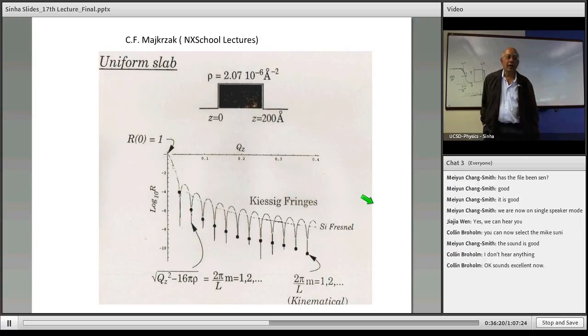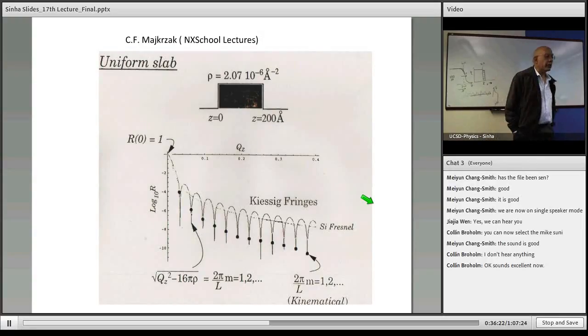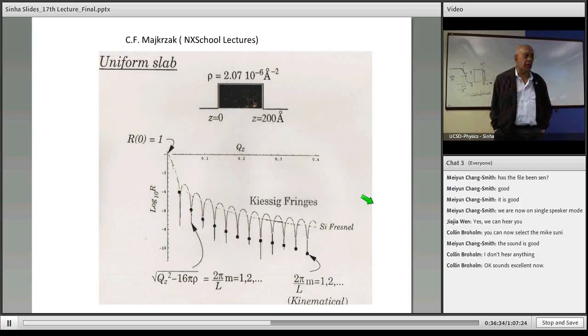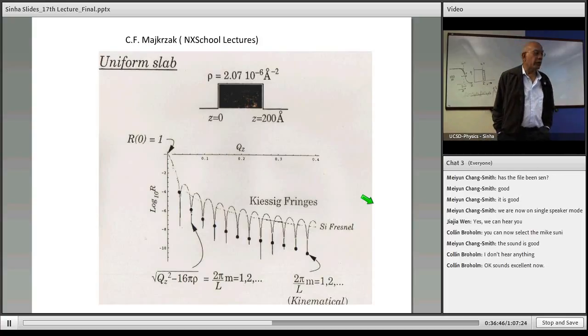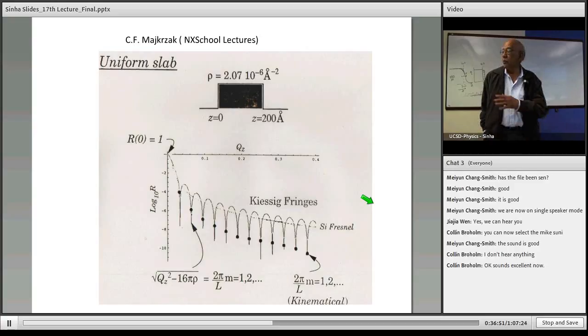By measuring the period of these fringes, you get immediately the thickness of the film. If you want to measure the thickness of a film, you can do ellipsometry, you can do many other measurements, but a simple way, if you have access to reflectometry with X-rays or neutrons, is to simply measure the Kiessig fringes and you get the thickness of the film. Of course, if there are different kinds of films of different thicknesses, you'll get a superposition of all these periods and it'll look complicated. Then you have to do some fitting.